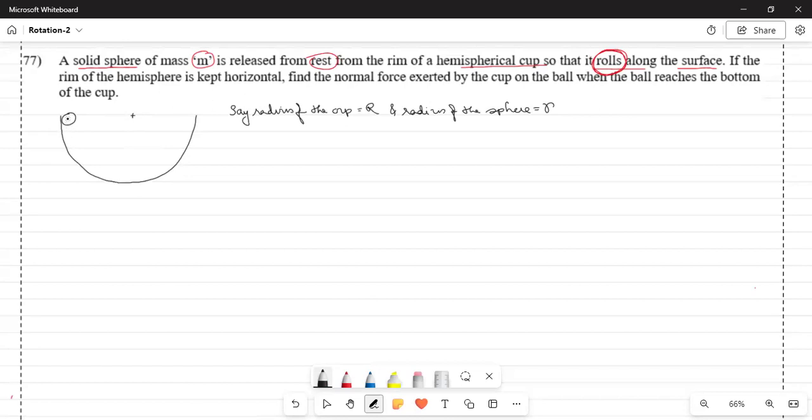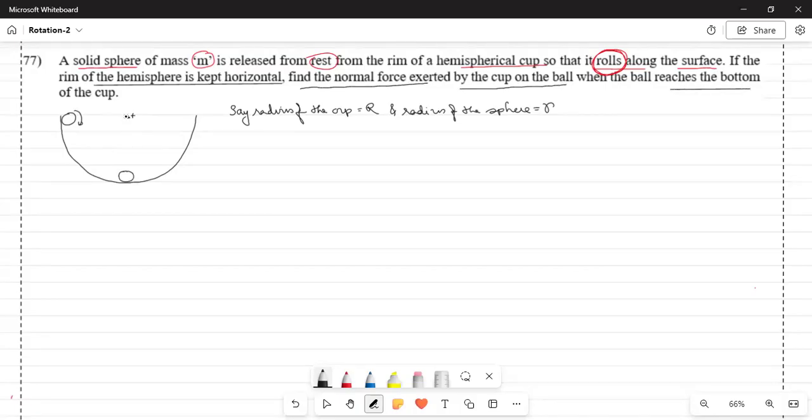So when this ball, or the sphere, starts rolling, at one point it will come here. The rim of the cup is kept horizontal, that means the cup is held right upward. Find the normal force exerted by the cup on the ball when the ball reaches the bottom of the cup.